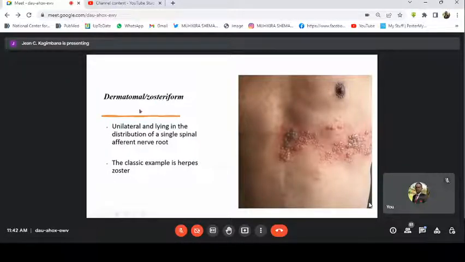Then you may say zosterform lesion. You have a bulla here, bigger than 1 centimeter. You have the small ones, which are the vesicles. Later on, these clear fluids will rupture to make fluid crust, then become crusted.